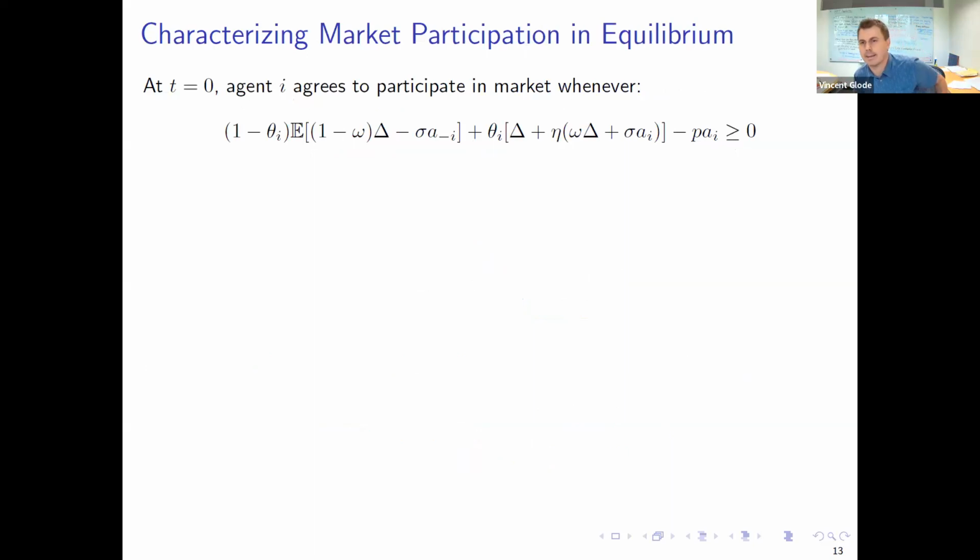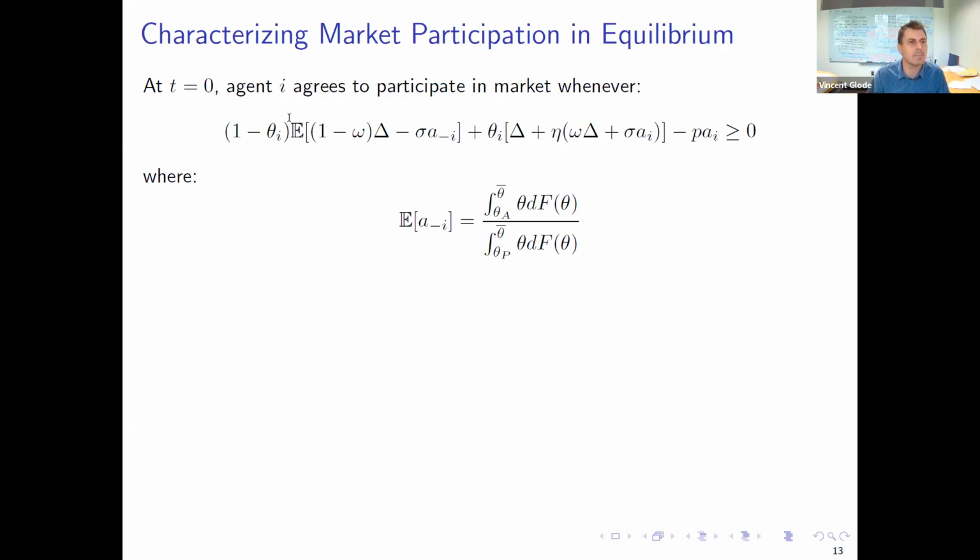What about participating? Well, participating just requires that this payoff function that I showed you before is greater than 0, because we normalize the payoff from non-participation to 0. So I will participate if my payoff function is greater than 0, but part of my payoff function comes from what happens when I demand liquidity. And this is an expectation because I'm randomly matched with counterparties.